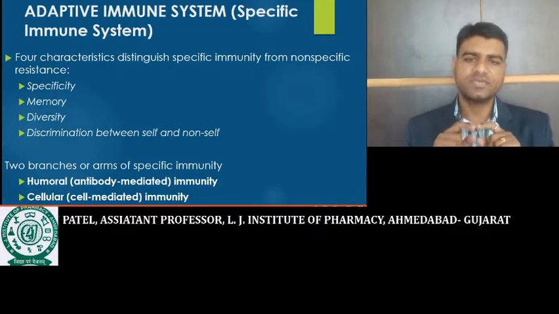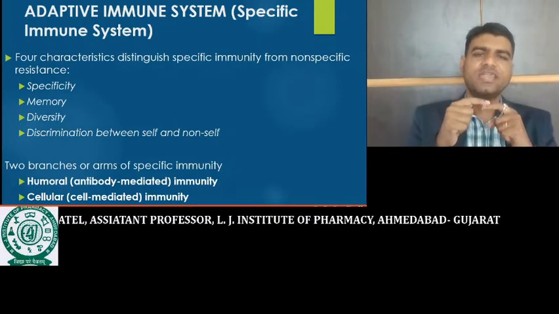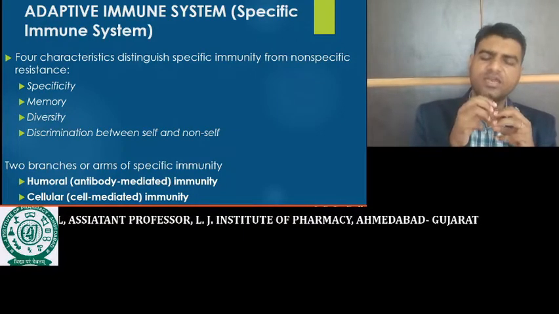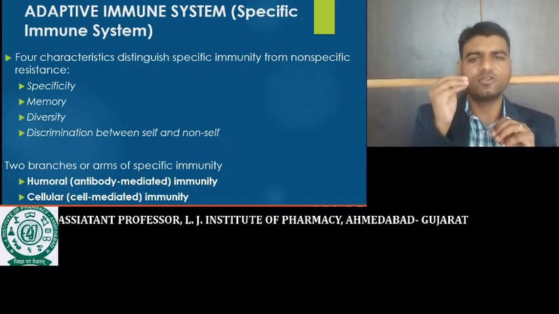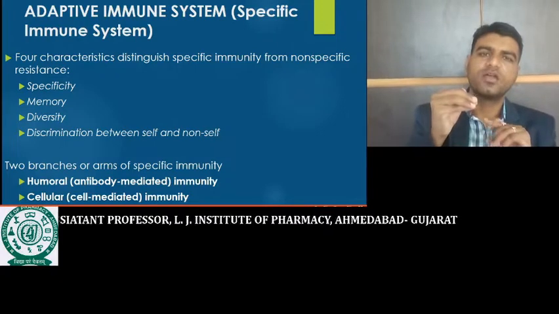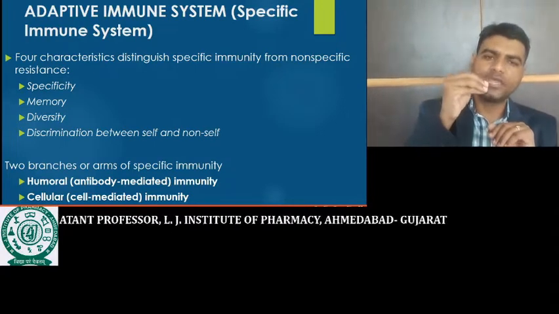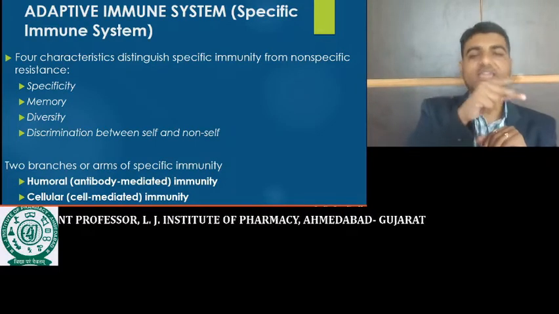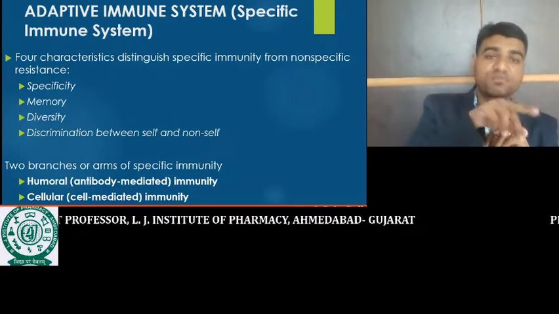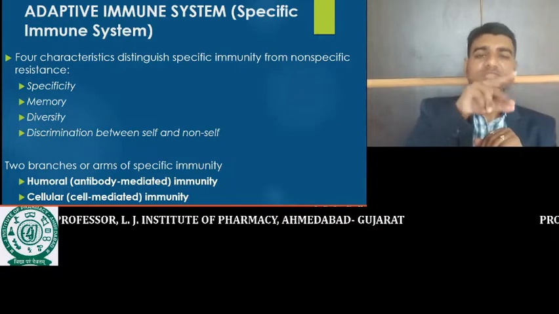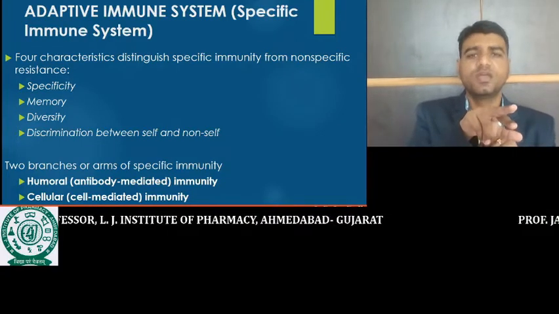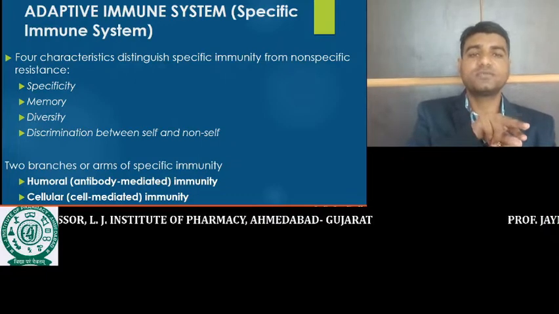When the first line, the innate immune system, tries to protect the body against the entry of microorganisms, but a microorganism is capable of crossing all the barriers and entering the systemic circulation, later this second line, specific immune system is activated. Specific means it is specific for a specific bacterium.